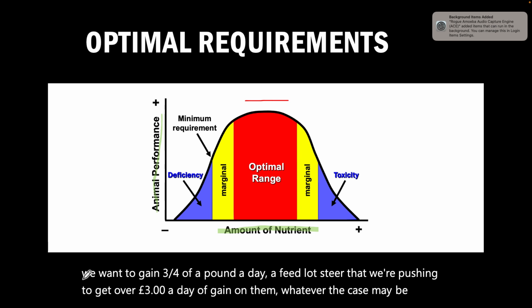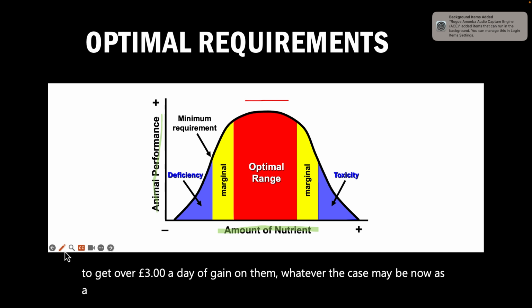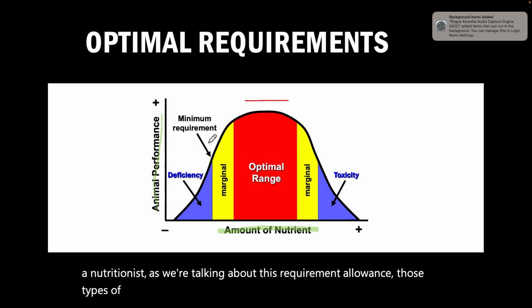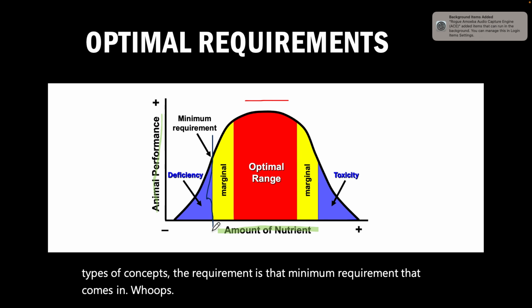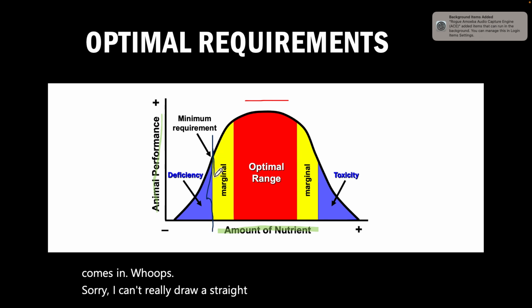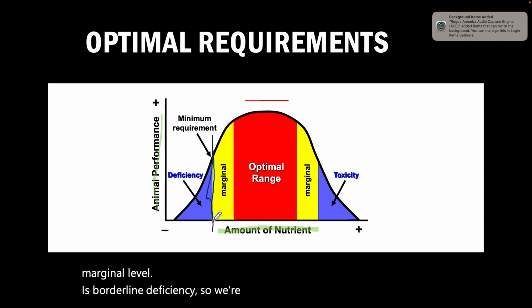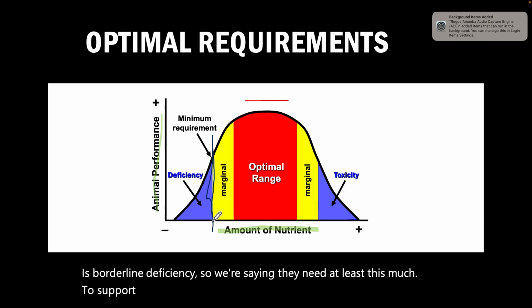Now, as a nutritionist, as we're talking about this requirement, allowance, those types of concepts, the requirement is that minimum requirement that comes in. Whoops, sorry, I can't really draw a straight line. But it's right here where that marginal level is borderline deficiency. So we're saying they need at least this much to support maintenance and whatever basic production we have going on.